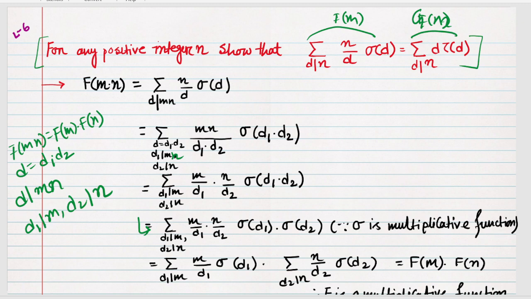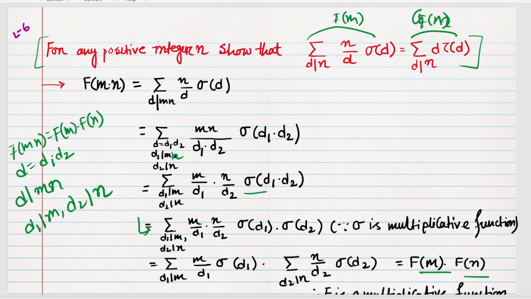As we know sigma is also a multiplicative function, we can write sigma of d1 d2 as sigma of d1 times sigma of d2. Grouping the m, d1 terms together and the n, d2 terms together, we get f of m times f of n. That means f is a multiplicative function, as we showed.